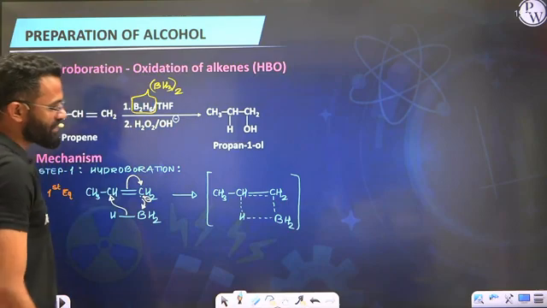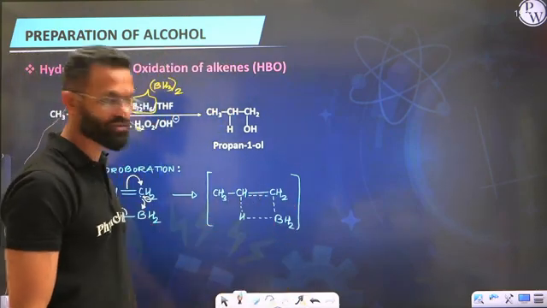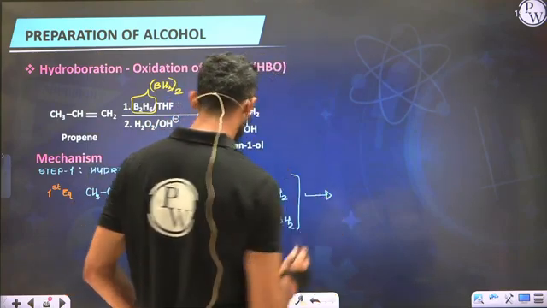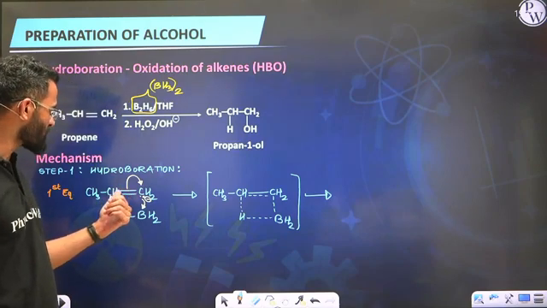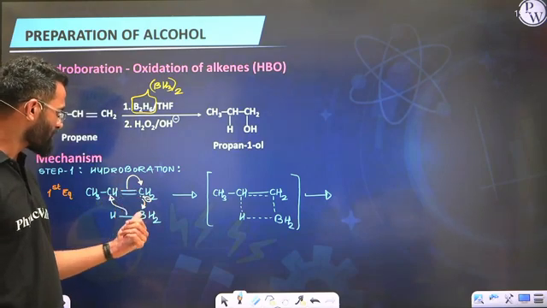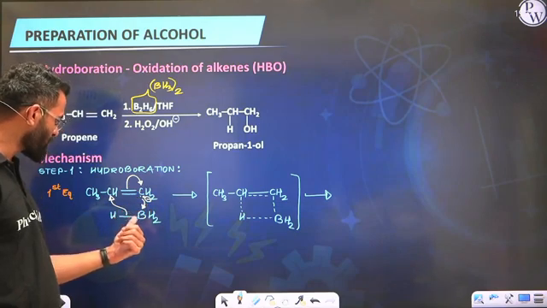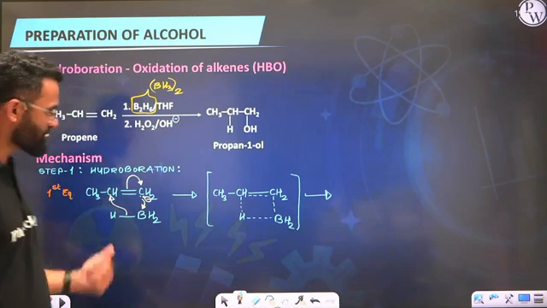Because the transition state is a state of highest energy content, it immediately decomposes to give you the product. So what product would it be? Whichever bond was supposed to break, we have to break that. So the pi bond would be broken, so there will be a single bond. Between carbon and boron, a new bond will be formed, so there will be a single bond here. This bond would be broken, so no bond between boron and hydrogen. And the new sigma bond between carbon and this hydrogen.